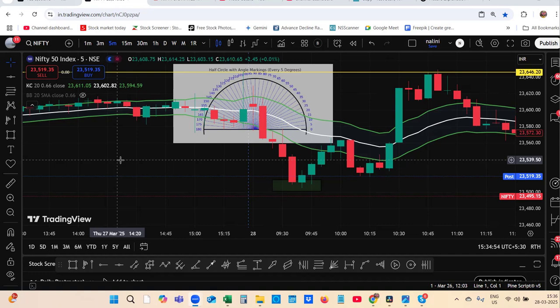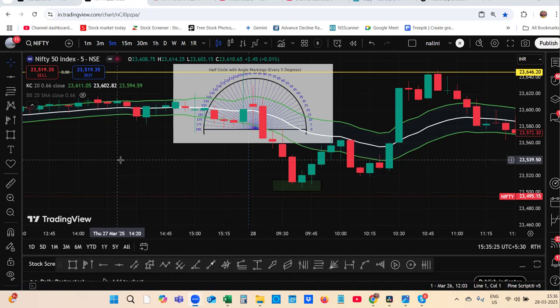How it is calculated, again I am going to repeat it. By taking the closing price, we are square rooting it, and we are multiplying with either 66.66 or 26.1, and then whatever value we get, we are taking the percentage of it, and we are either adding or subtracting if it is at the 26.11 level.